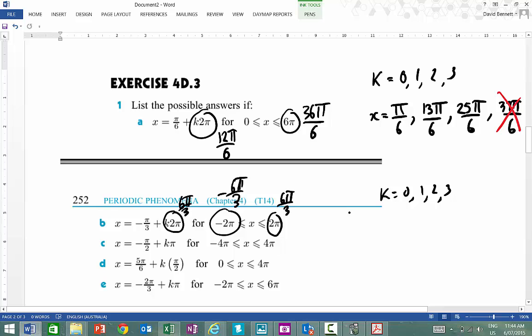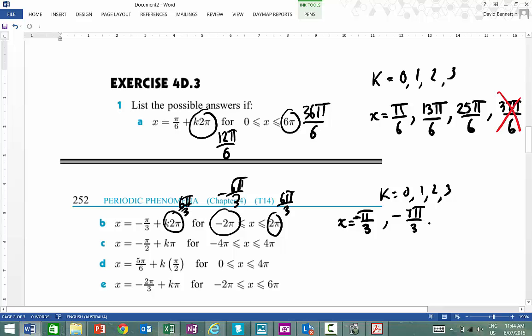So if I'm thinking of x being equal to negative pi on 3, k could be equal to a negative value, couldn't it? If I take that value, that gives me negative, and that becomes negative 7 pi on 3, because that's what I'm doing, multiples of 6 pi on 3.